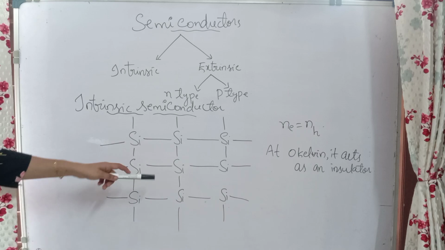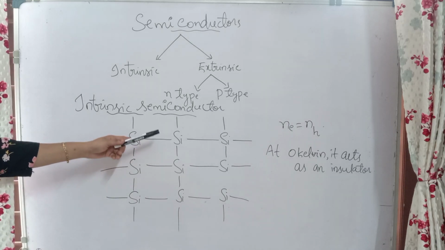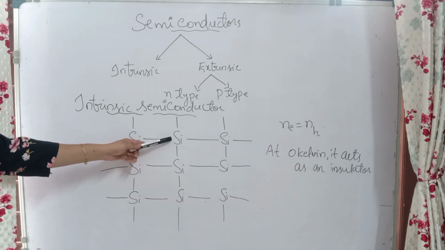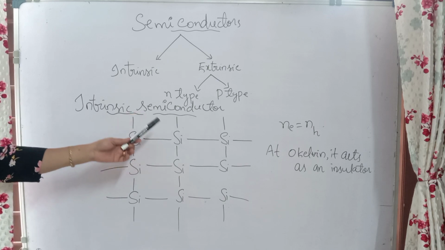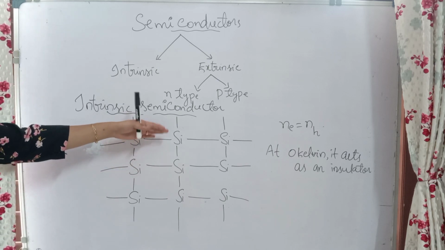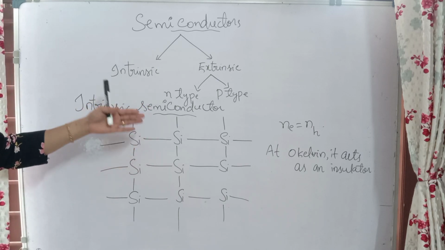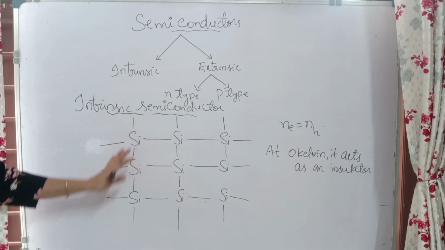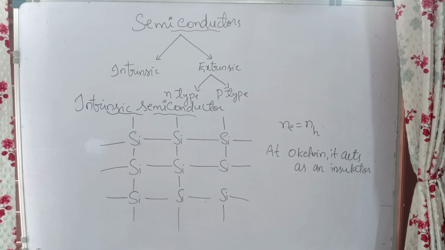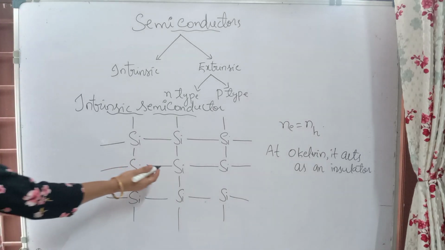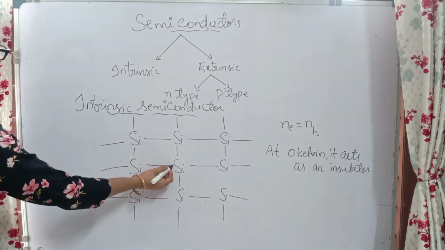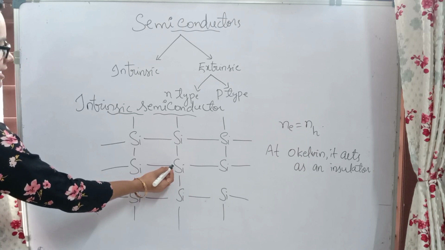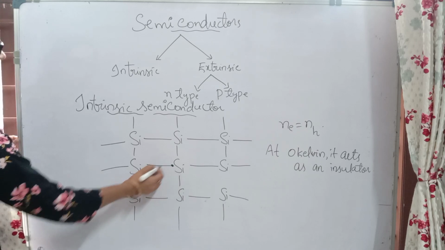The electrons will get energy to release from the bond, so they will be able to break the bonds and be free to move inside the crystal. Suppose here we have an electron which is getting energy to release from the bonding.